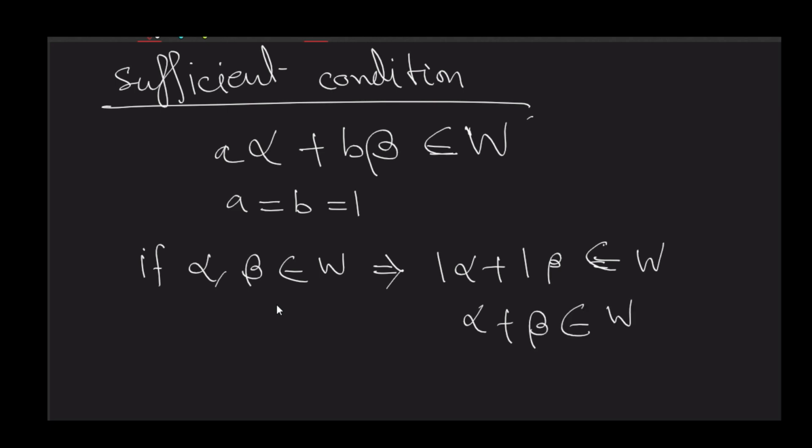Now, why is this so? Because alpha, beta are elements of V, so they inherit all the properties of V here. Now if W is closed under vector addition, we can take a equal to minus 1 and b equal to 0.